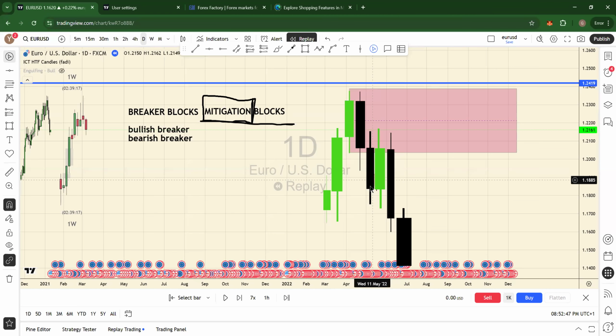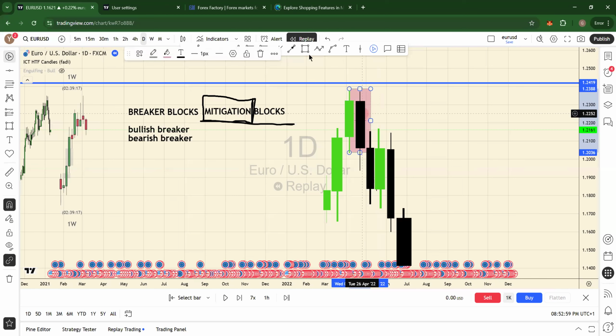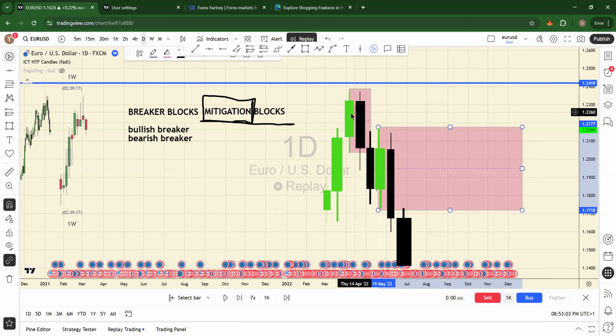This means that the buyers have come back, or should have already mitigated their losses here by pushing price back to the order block. So this new bullish candle becomes our mitigation. It has already mitigated the positions that were on this first order block. So this is now our mitigation.